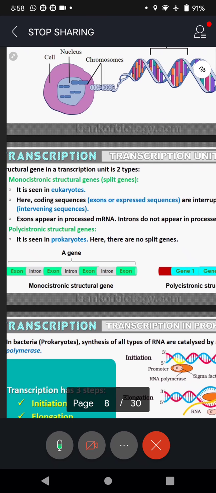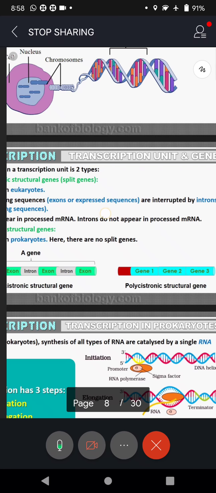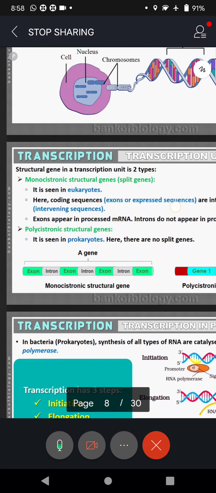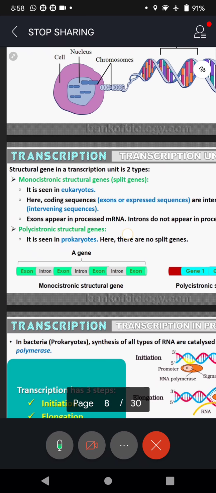Exons are the expressed sequences, interrupted by introns. Introns are the intervening sequences. So exons appear in the processed mRNA, whereas introns don't appear in the processed mRNA.